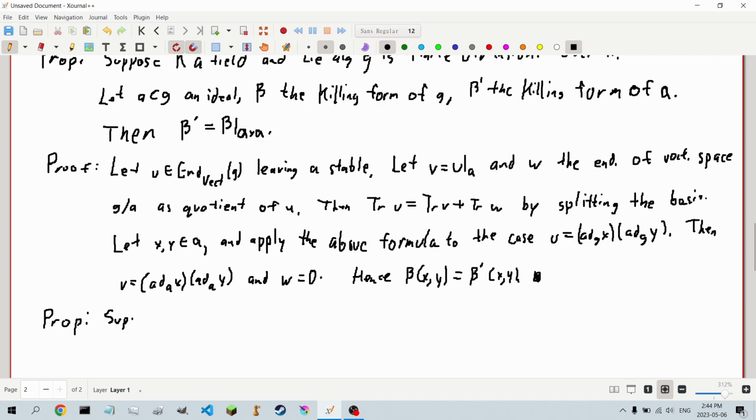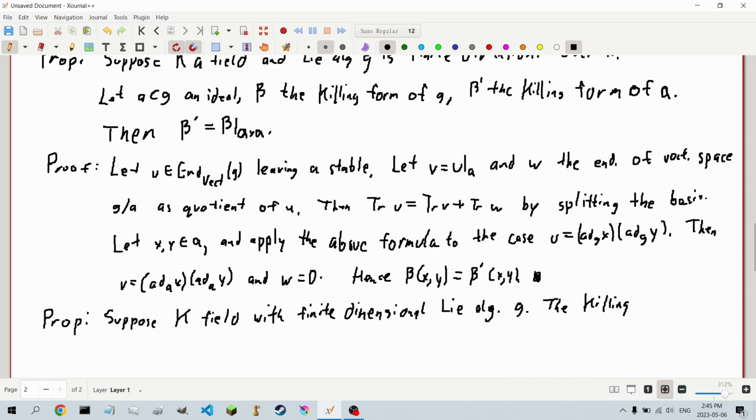So suppose K is a field with a finite dimensional Lie algebra G. Then the killing form of G, which we're going to write, I guess, beta for some reason, is completely invariant.